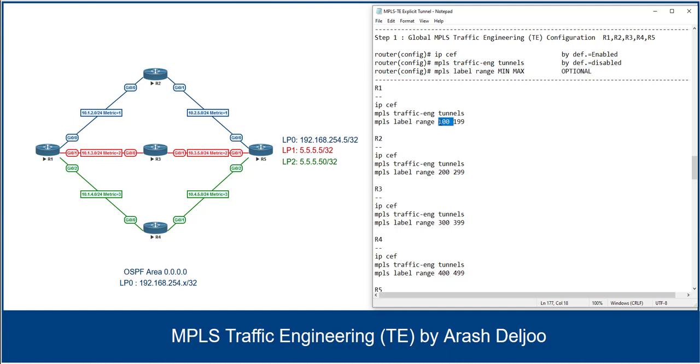For example, for Router 1, between 100 and 199, it means that R1 chooses MPLS labels between these two values. In Router 2, 200 to 299, it means that R2 chooses in this range, and also R3, 300 to 399, and so on.